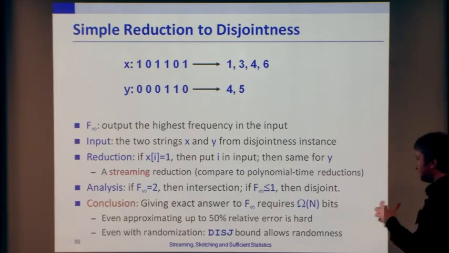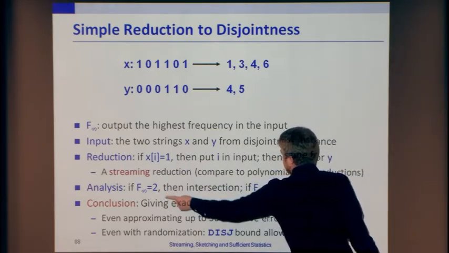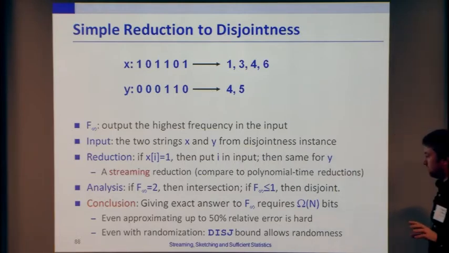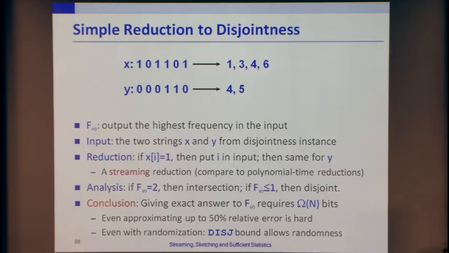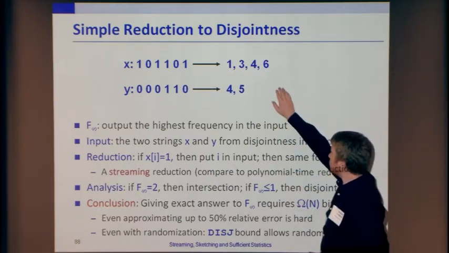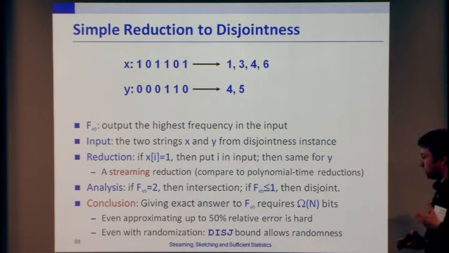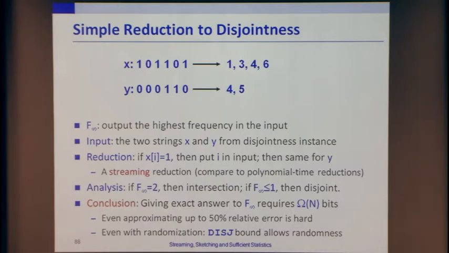So what this says is that if we could distinguish between the case f infinity equals 2 and f infinity is less than 2, then we could answer this disjointness question. Therefore, we need space for this sketch proportional to the size of these inputs to be able to answer the f infinity question.